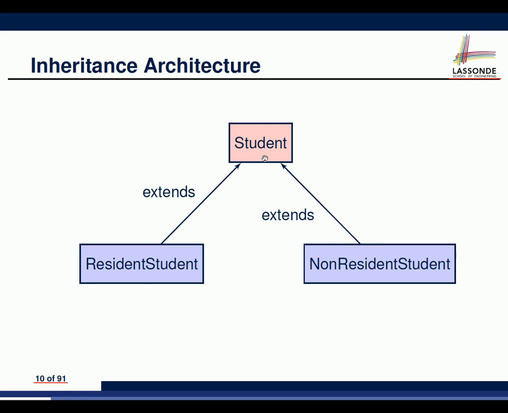Given that everything in the student is common, of course that can be accumulated to resident students. Similarly, non-resident student is also going to extend the students, which means everything that's common will also be inherited or accumulated to non-resident students. So that can really resolve the duplicates issue. But let's see exactly how.